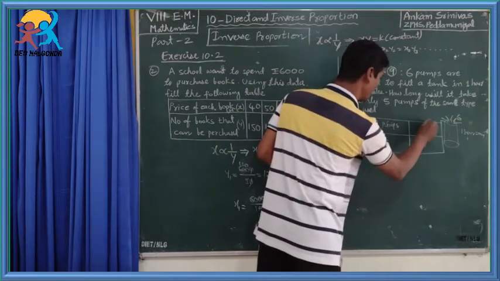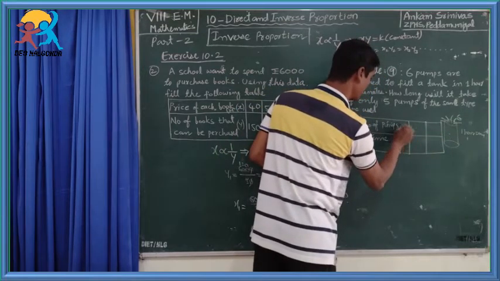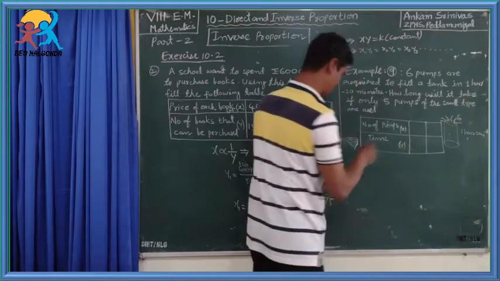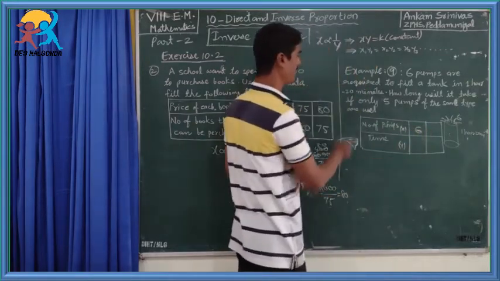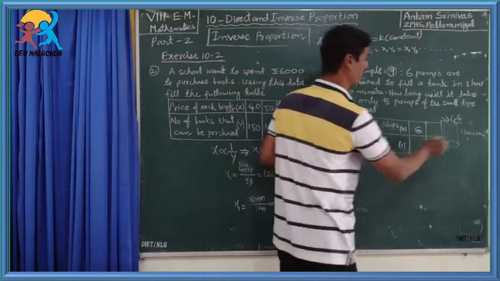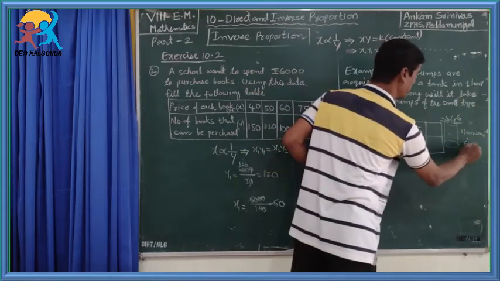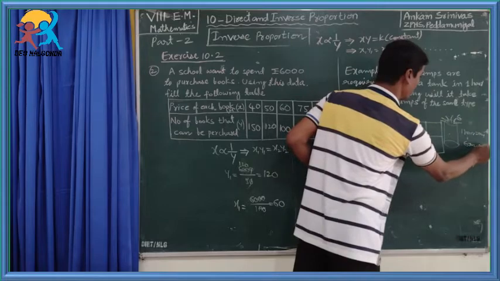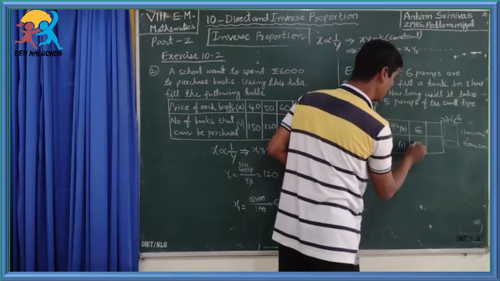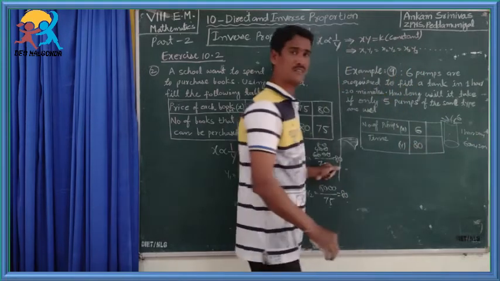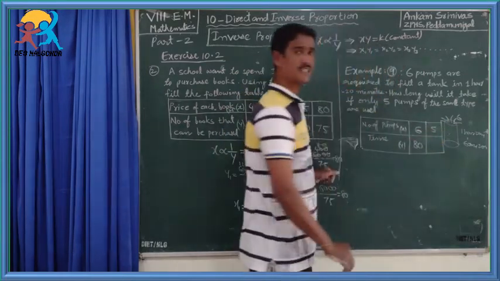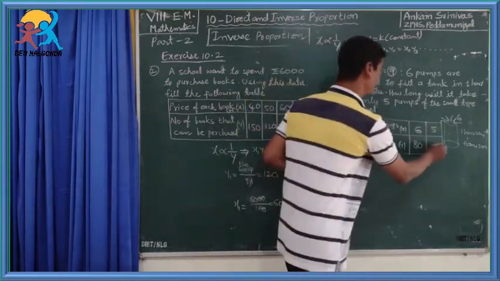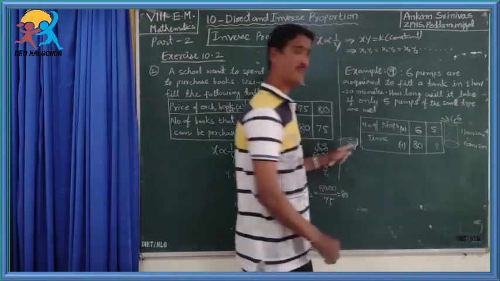Now let us suppose the first quantity is x and the second quantity is y, and 6 pumps were working. It takes 1 hour 20 minutes. 1 hour means 60 minutes plus 20 minutes, total 80 minutes. Yes or no? Now the number of pumps is decreasing from 6 to 5, then what happens?